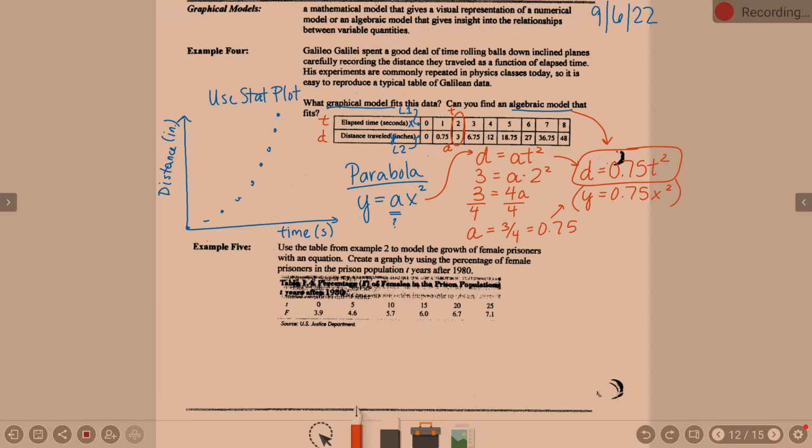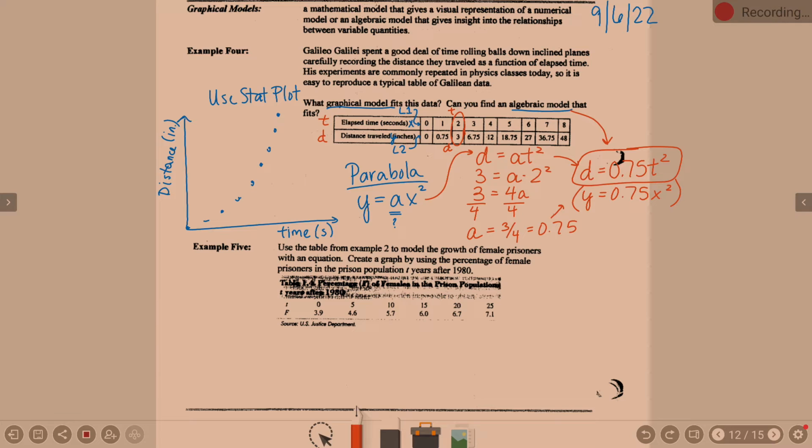Okay. Let's look down to example 5. Similar to what we just did, different twist on it. Use the table from example 2, which I think is from Friday, which is the incarcerated prisoners, to model the growth of female prisoners with an equation.